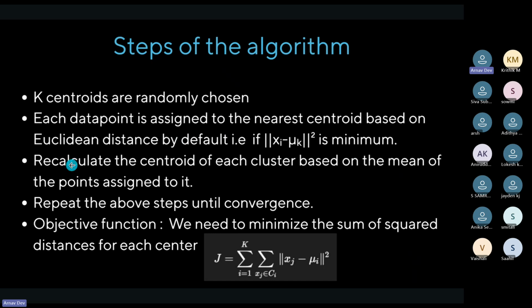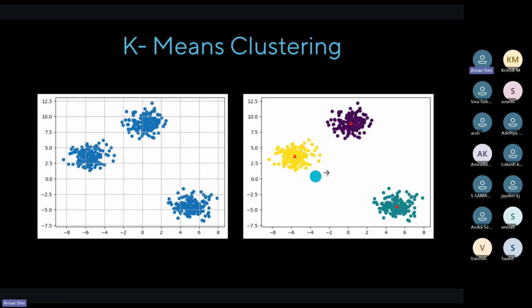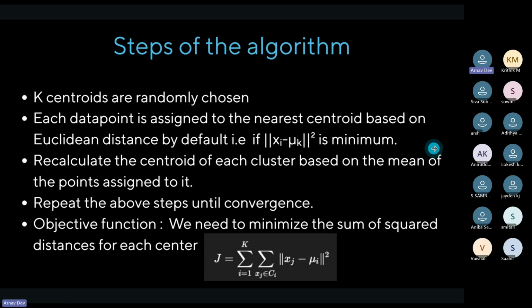Suppose I take some data point centers here and here and here; these are the randomly initialized centroids. Then for every data point, the distance from each of the centroids is calculated, and the centroid from which the distance is minimum, that particular data point is assigned to that particular cluster. So this is how it works. First you take randomly chosen centroids, and you assign a particular data point to the particular cluster whose centroid is at the minimum distance.